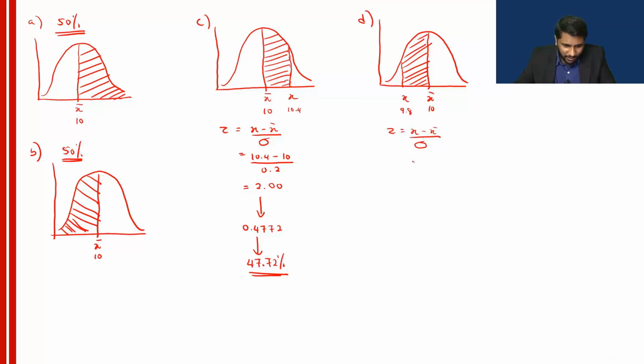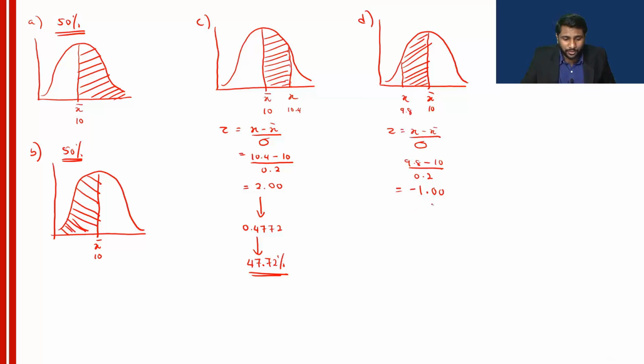Then the x value is 9.8, so 9.8 minus 10 divided by 0.2. I am getting a value of minus 1.00. Always take the z-score to 2 decimal places.